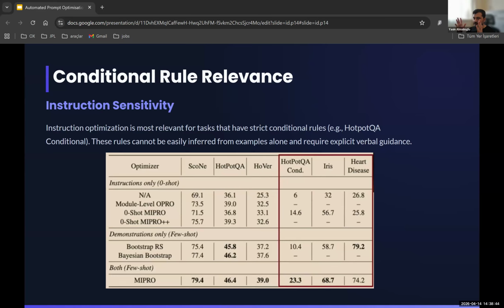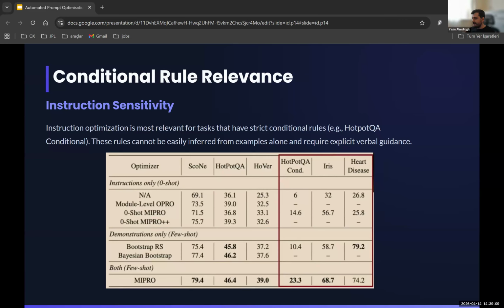But if you can tell the model the rules that define the performance, if you have some simple rules, that was my expectation: it would improve the performance.